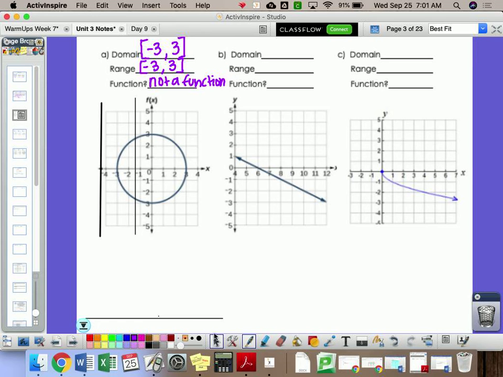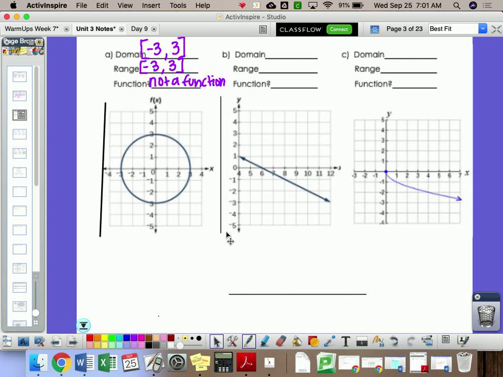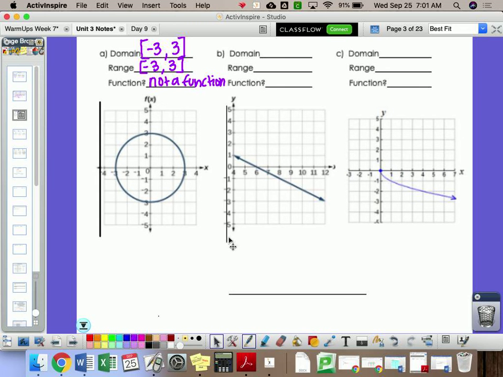All right, let's use those 2 lines again. I'm going to pull them over here, and we're going to use them on our next graph. So I'm going to start with domain. I'm going to start with my x numbers, and I see right off the bat that I have these arrows on the end of my graph, which means that this graph goes forever and ever.